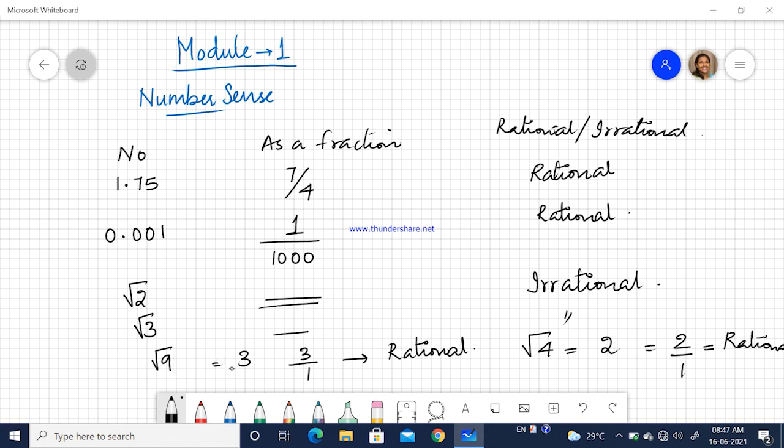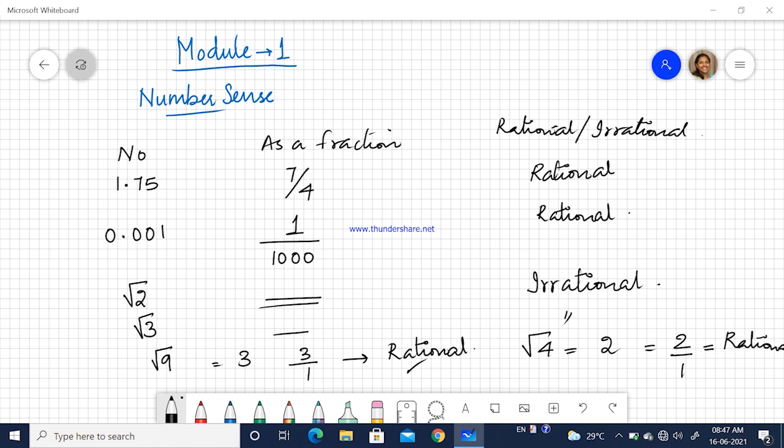Root 2 and root 3 are irrational numbers, whereas root 9 and root 4 are rational numbers. So this is all about rational and irrational numbers.